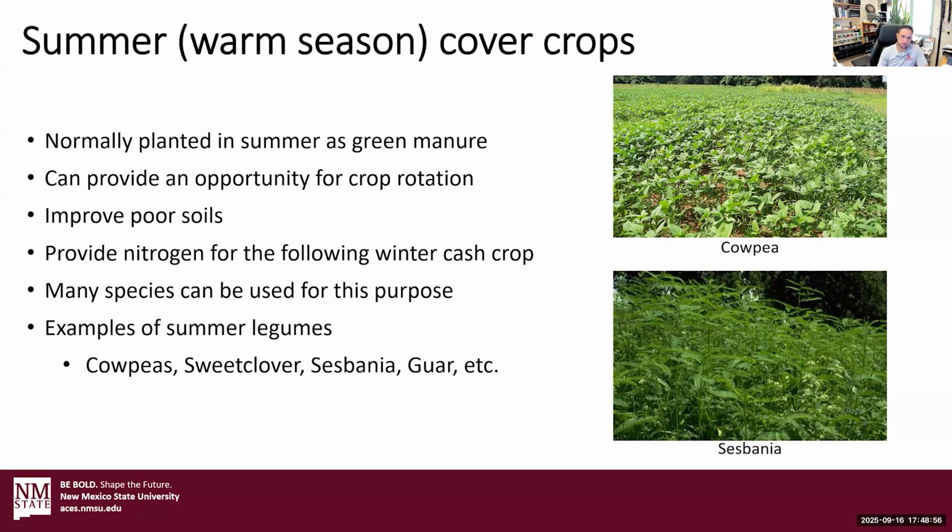They provide nitrogen for the following winter cash crop. And then there's a whole bunch of different species that can be used as summer cover crops. Some of the examples that I'll talk about a little later are cowpeas, sesbania, as well as guar.